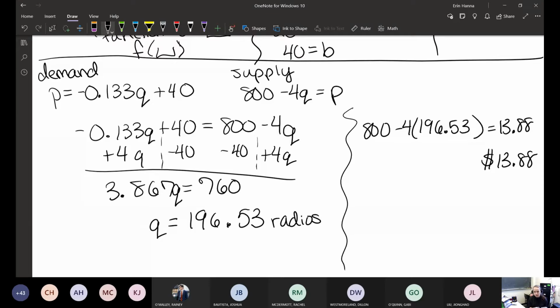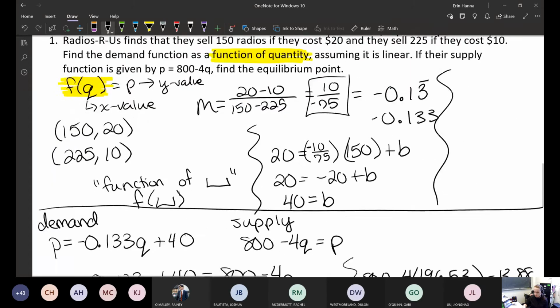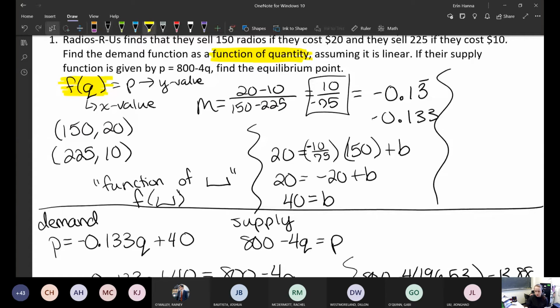Where's 2 over 50 coming from? Do you mean the... No, wait, that was the same question. Well, that was supposed to be 10 over 75? Rihanna? The slope.